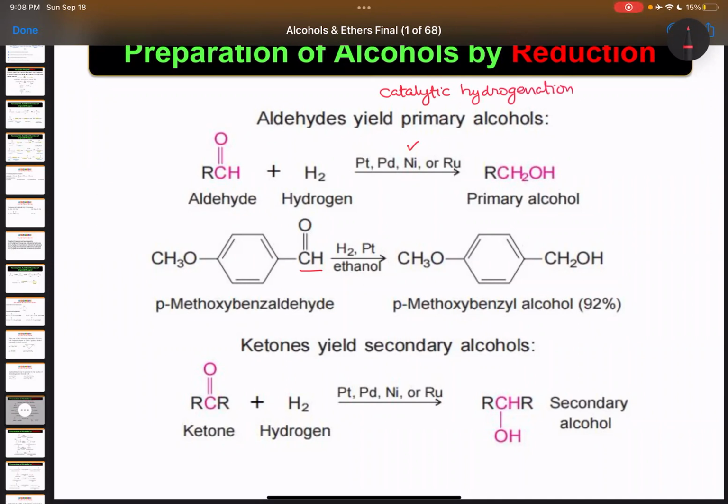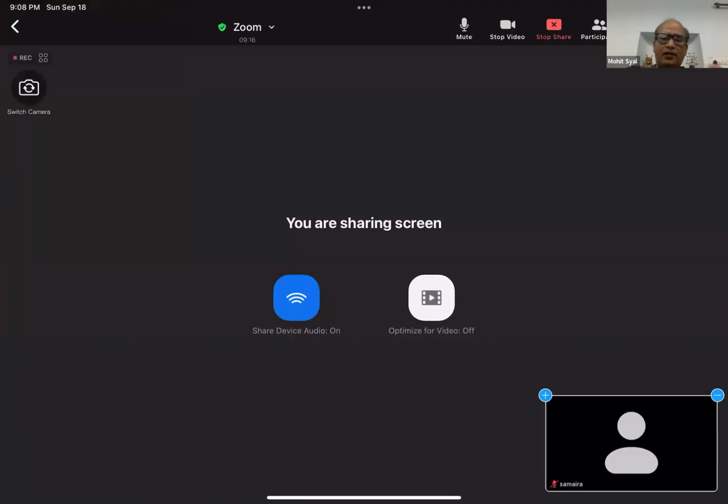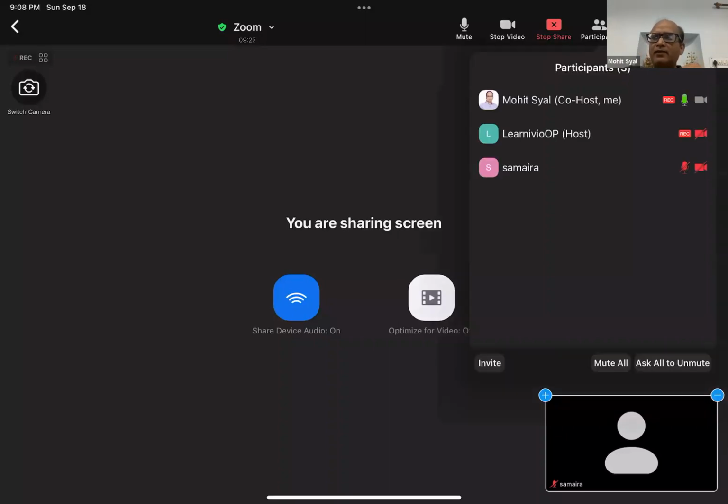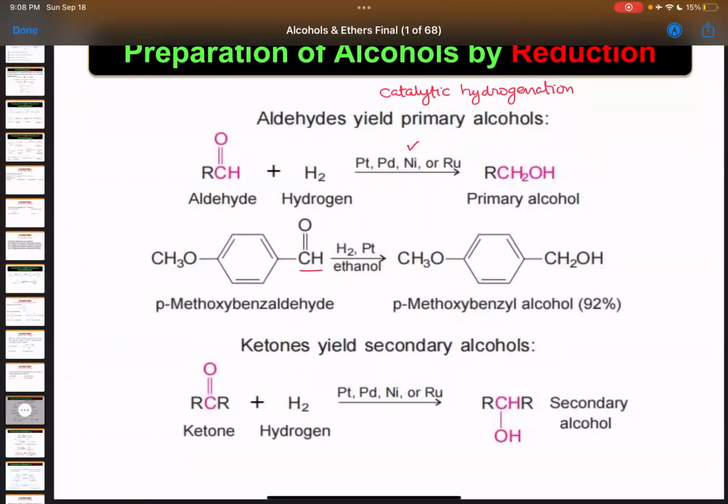In catalytic hydrogenation, we are taking the catalyst and adding the hydrogen. The double bond gets absorbed on the surface of the catalyst, and hydrogen gets absorbed on the surface of the catalyst, right? And the hydrogen gets added to the double bond.